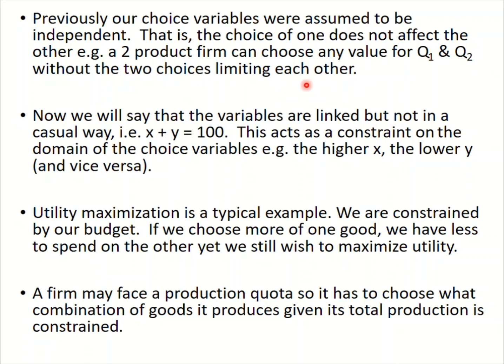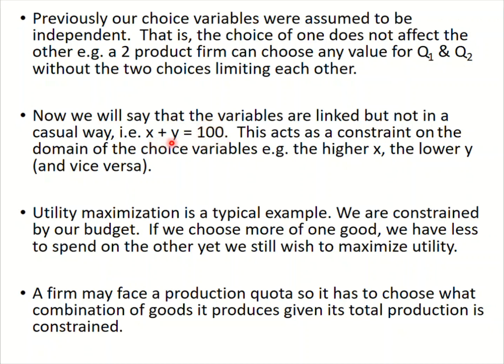But this is no longer going to be the case now that we are introducing a constraint, because now we will say that the variables are linked, okay, but not in a causal way. So we are not saying that one variable causes the other, not at all, but they are linked. For example, if we have a constraint like this, x plus y equals 100, this is the limit, this is the restriction.